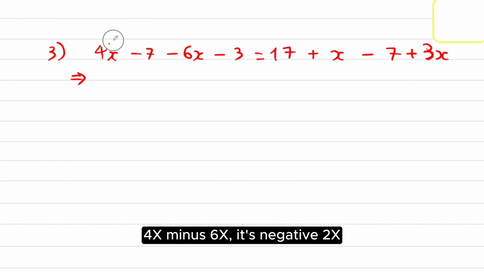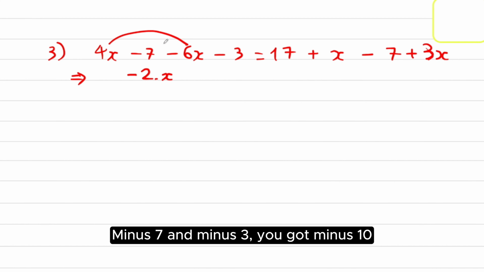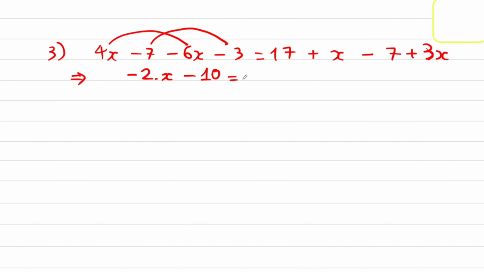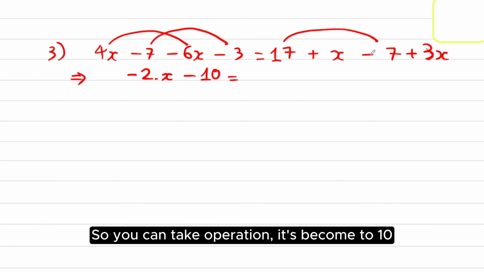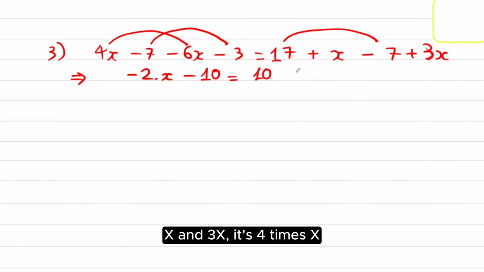4x - 6x is negative 2x. -7 and -3 give -10. And here you have 17 + 8 - 7, which are constant numbers, so you can operate on them, and it becomes 18. x and 3x is 4 times x.